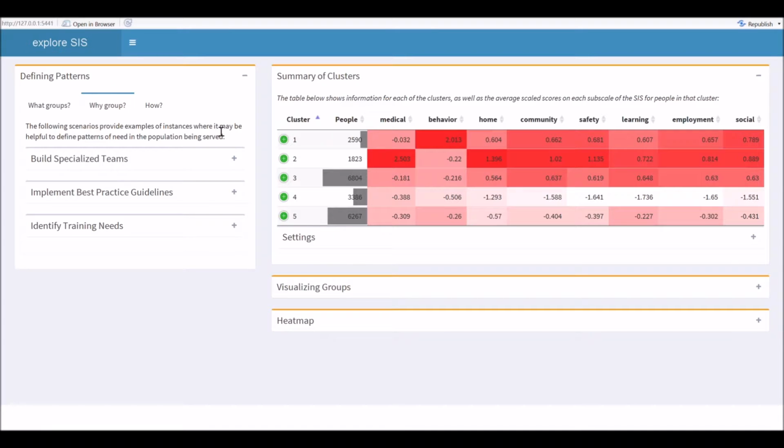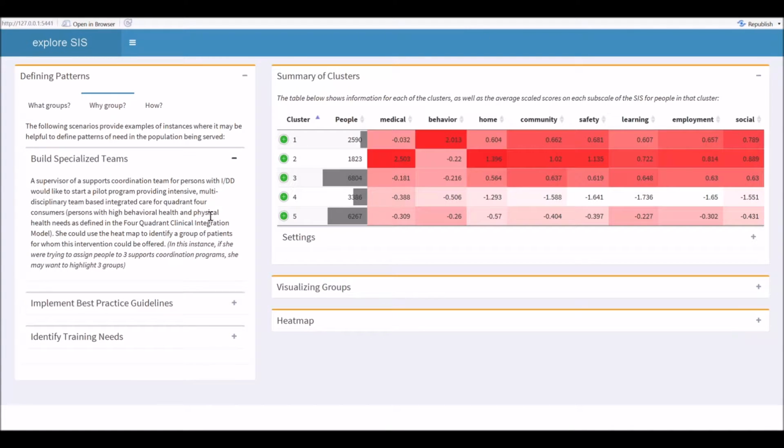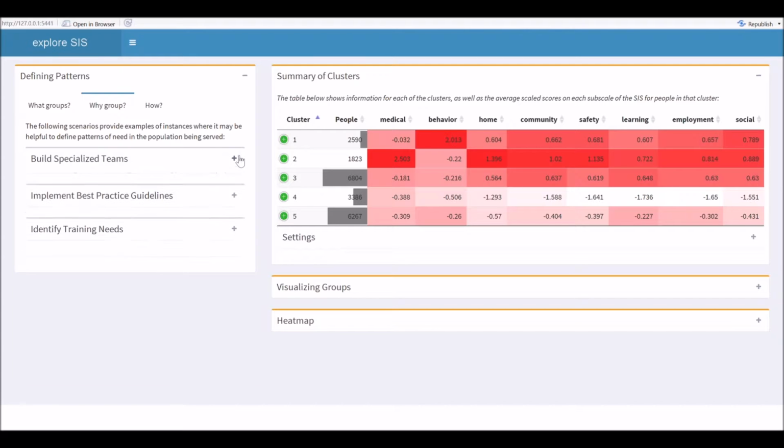You might want to have a specialized set of supports coordinators who are trained to coordinate needs around a particular set of issues, whether that's medical concerns, employment, etc. So there might be a specialized group that you want to assign to a given population. That's one use case.